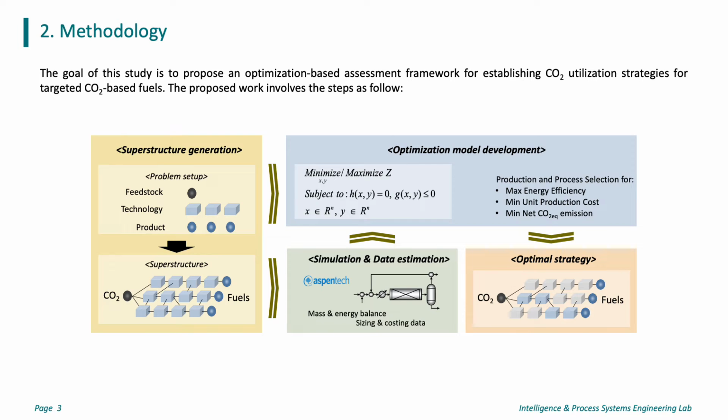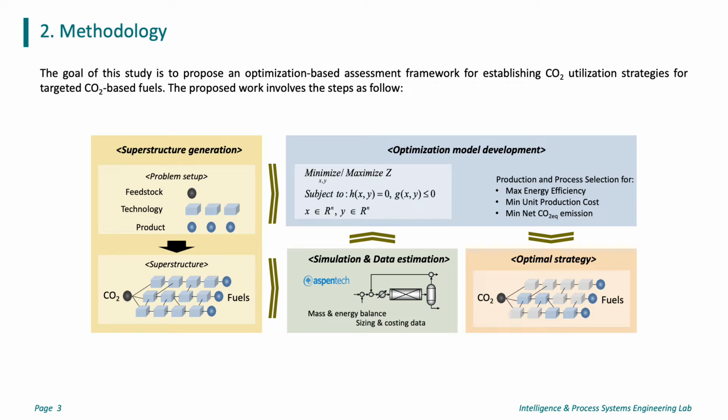The goal of this study is to propose an optimization-based assessment framework for establishing CO2 utilization strategy for target CO2-based fuel. The proposed work involves the steps as follows. Step 1. Set up the problem by choosing captured CO2 as a main feedstock, choosing possible technologies and final product, and generating a superstructure by integrating technologies for the target product from CO2. Step 2.